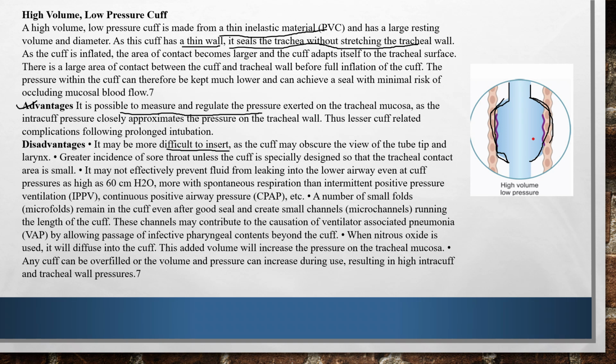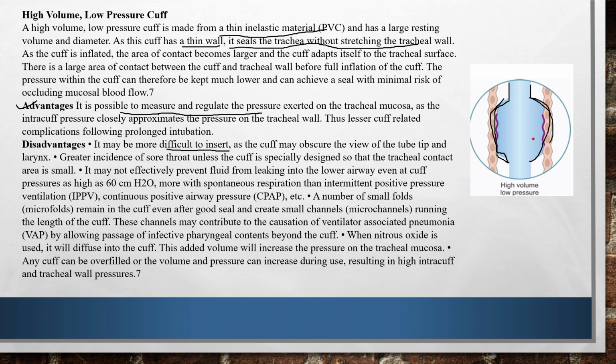As it has low pressure, fluid can leak past it and go into the lungs and cause aspiration. It also has some folds, also called microfolds, that create channels for the passage of infectious agents, and that is the main reason for patients developing ventilator associated pneumonia. It provides a channel for infectious agents to go into the lungs.